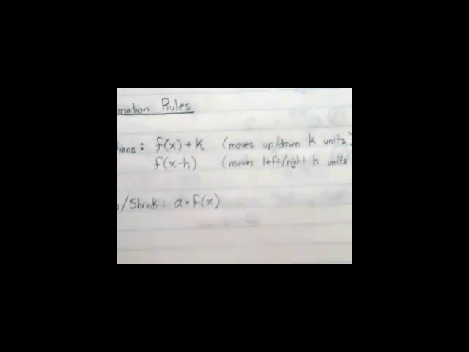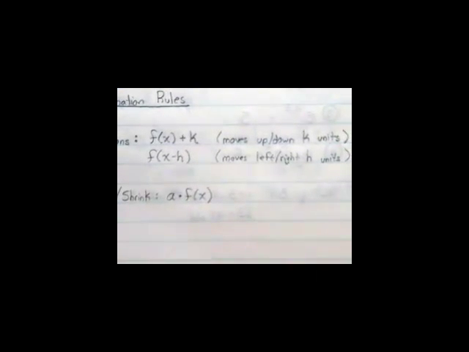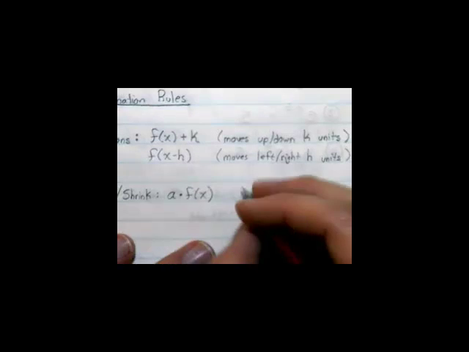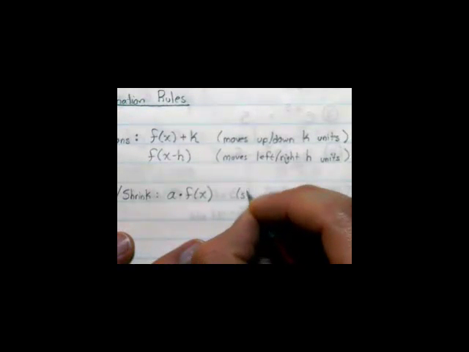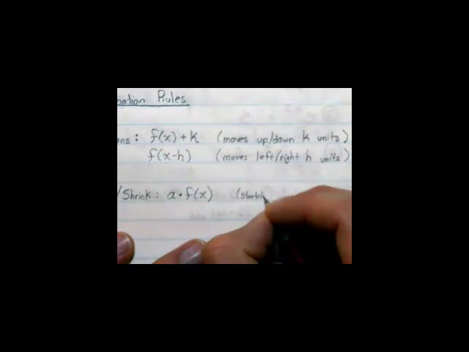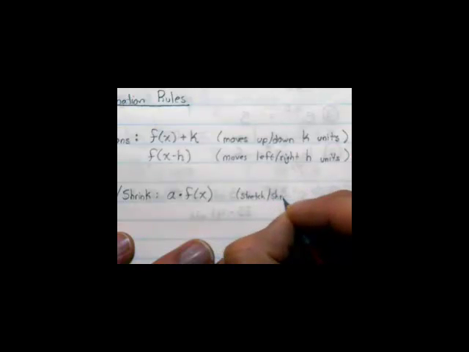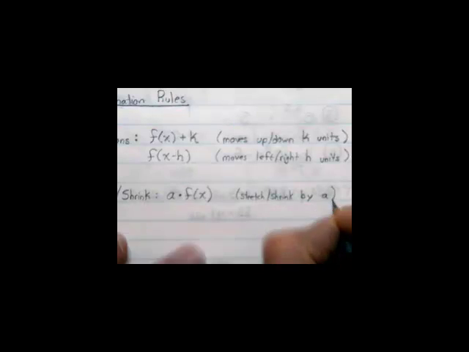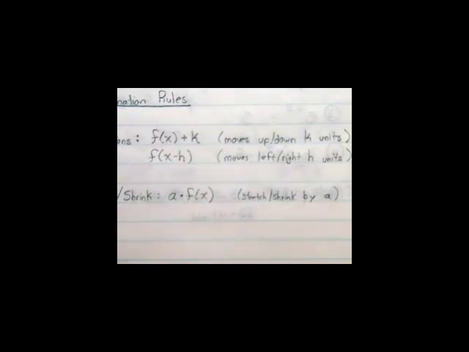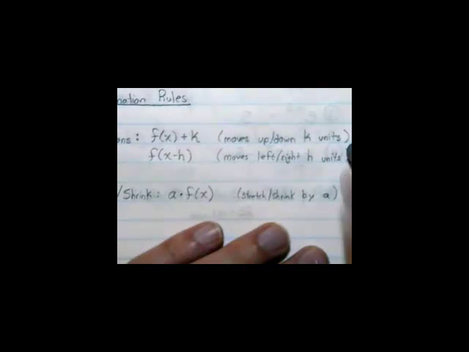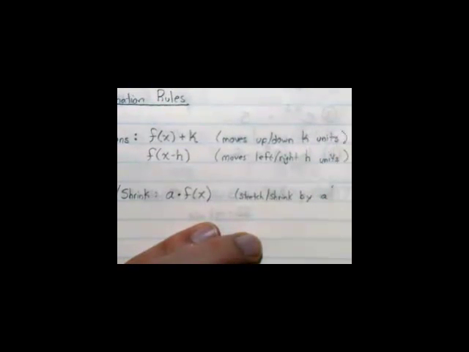So if you multiply a function by a number, that's going to stretch or shrink it by a factor of a. And I should say vertically here, technically, at the end there.